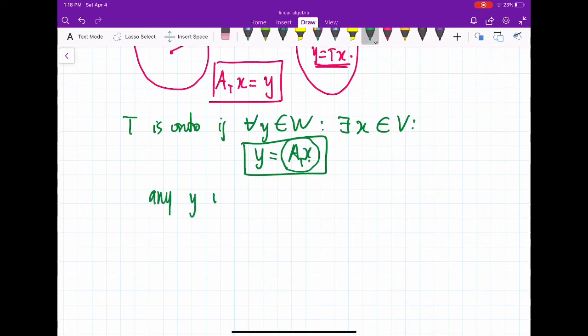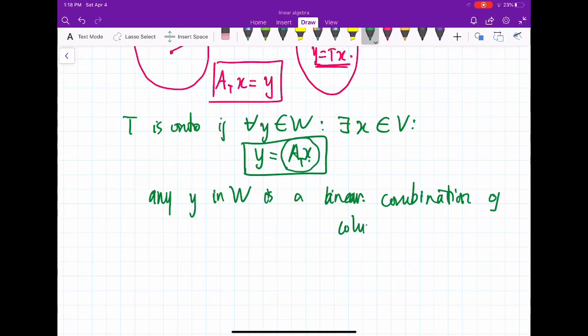So I can write here: any y in W is a linear combination of columns of A. What does it mean?